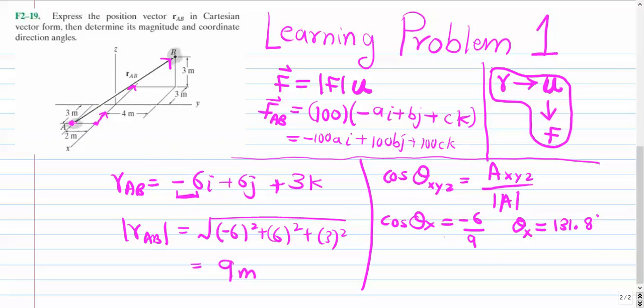So at A, we need to draw the x, y, and z axes. So the angle 131.8 is the angle that this vector makes with the positive x-axis. So this angle is 131.8.